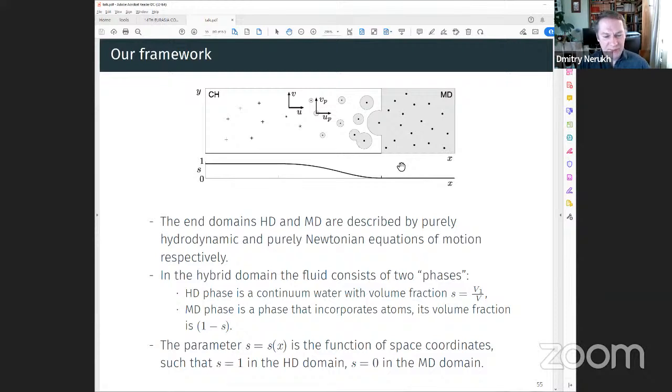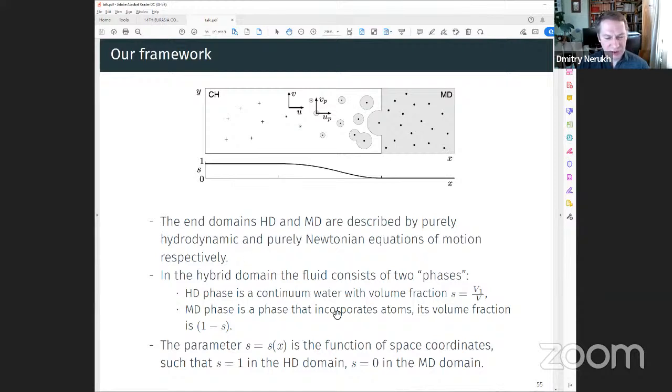The subtle point here is that this joining has to be physically meaningful, in the sense that the fundamental conservation laws are satisfied: the conservation of matter, the conservation of momentum, and the conservation of energy. That's not trivial to do. We have done that and derived these equations.